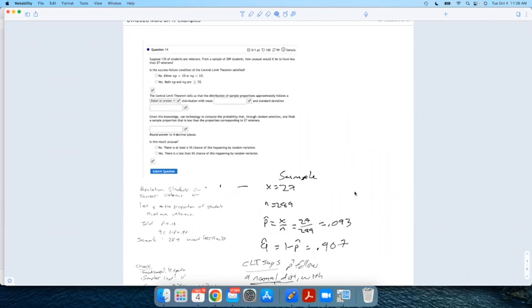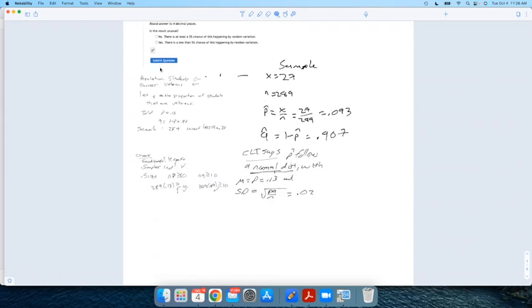That's all set up. Now I want to actually calculate what's the probability that somebody goes out and does a good sample of 289 and gets less than 27. So what I really want here is the probability, I'm writing here capital P for probability, that X was less than or equal to 27.